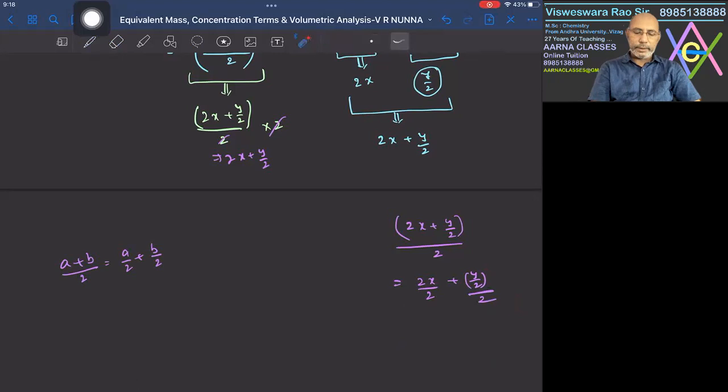Here I'm dividing this part and this part. 2x by 2 is nothing but x, and y by 2 by 2 you can write as y by 2 into 2, since a by b by c is equal to a by b into c. So x plus y by 4.